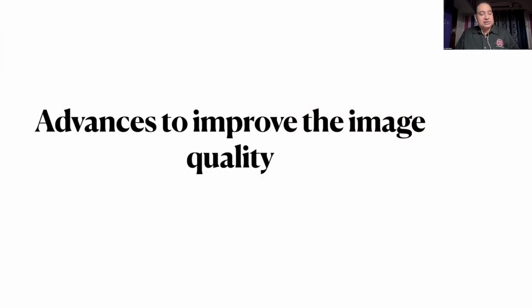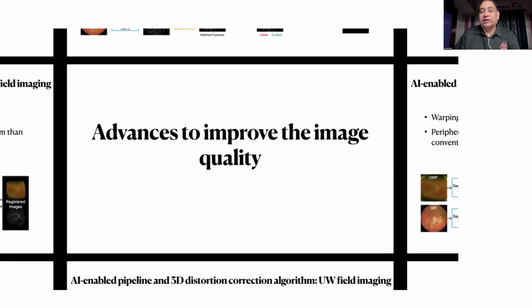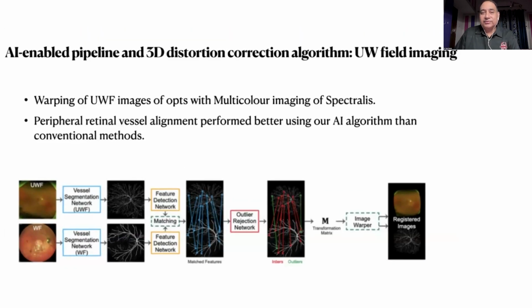There are certain advances which are happening to improve the image quality. These are still in research and people are trying to improve the image quality using these. This is one of them: there are now AI-enabled pipelines to correct the 3D distortion, especially when you are trying to warp the image, where you want to have a multicolor imaging of Spectralis, you have an ultra-wide field image of an Optos and you want to warp them, align them properly.